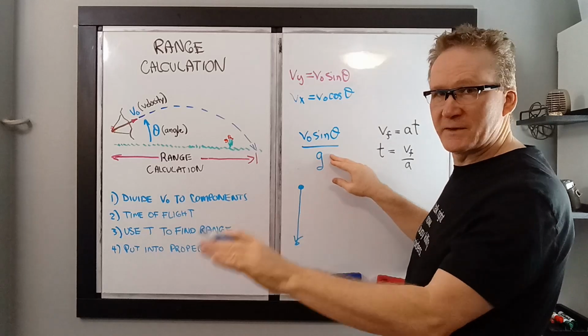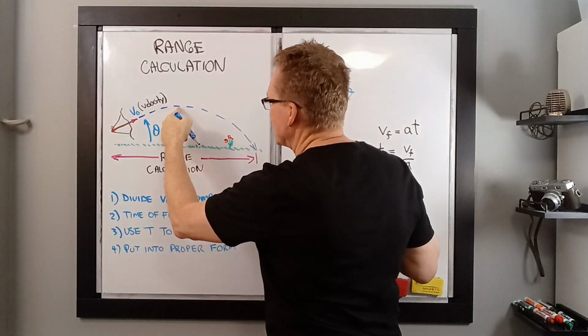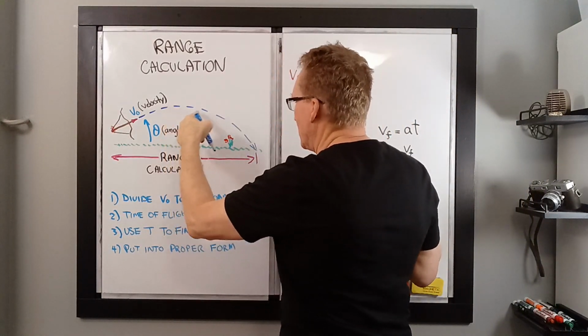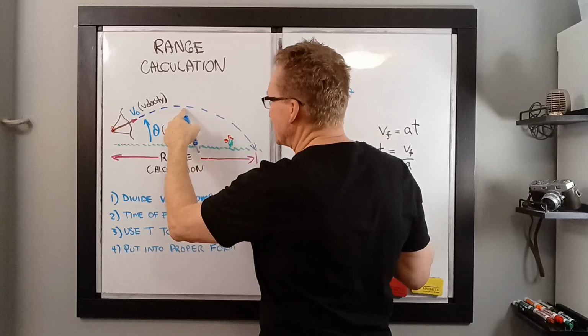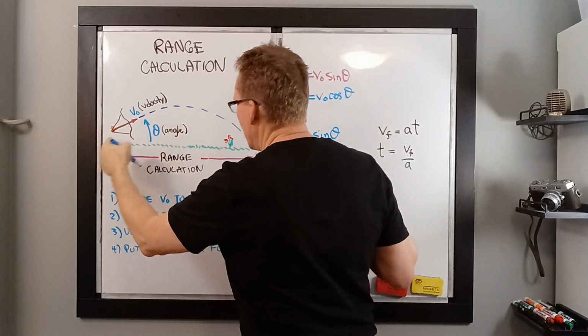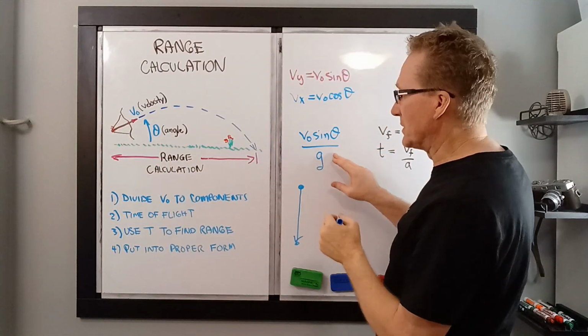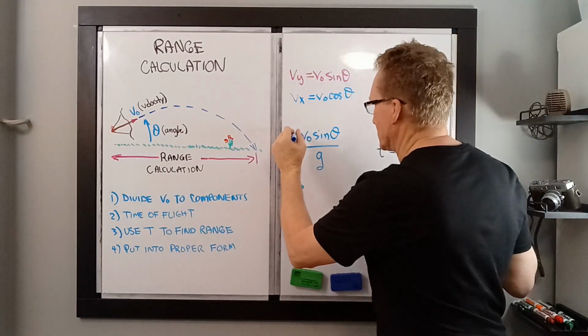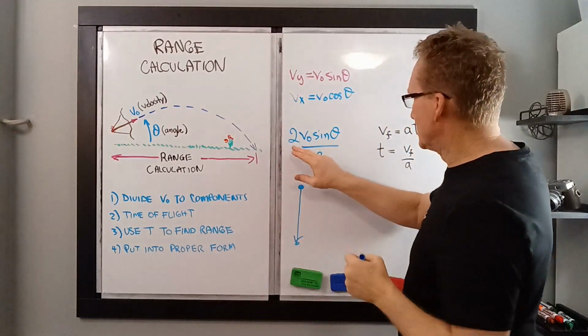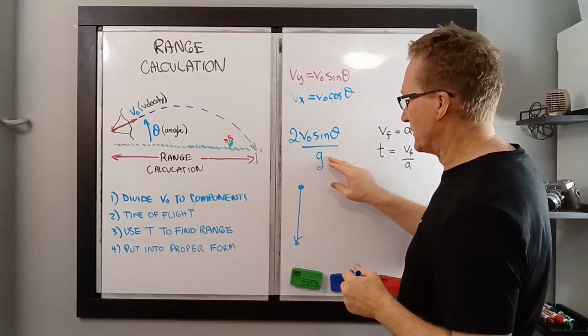That is half of the total time of flight, because the time from the peak to here is the same as the time from here to here. So we take this time and double it to find the total time. So the total time would be twice this, 2 times v0 sine theta over g.